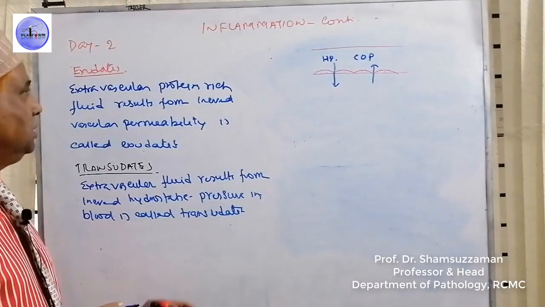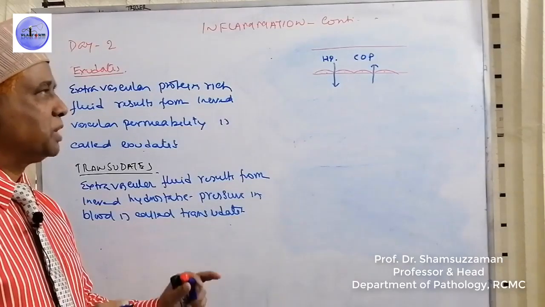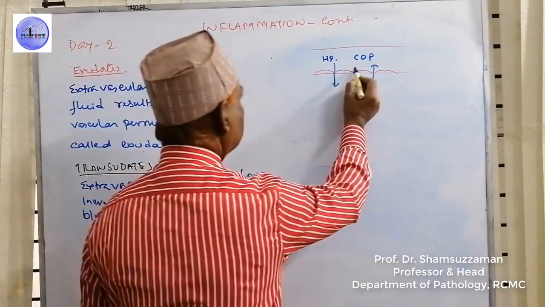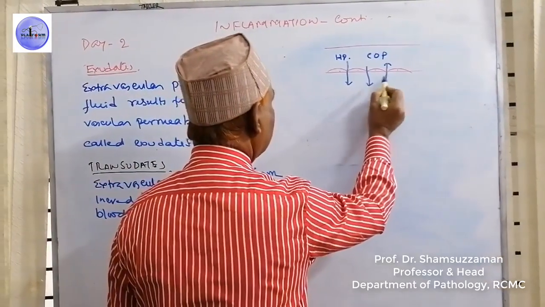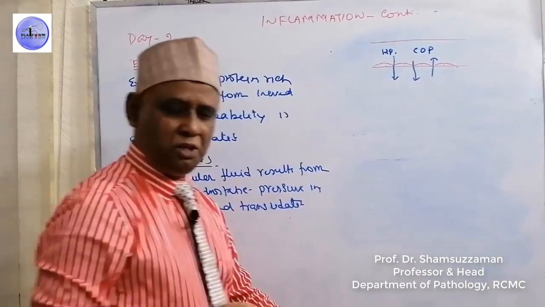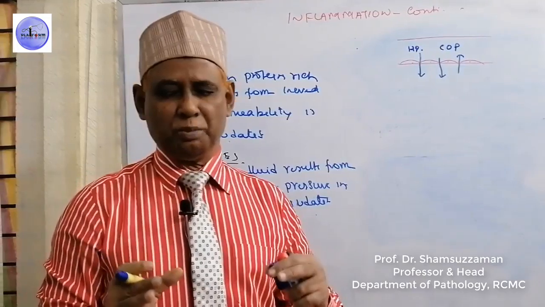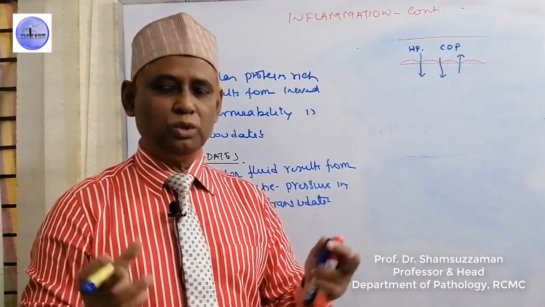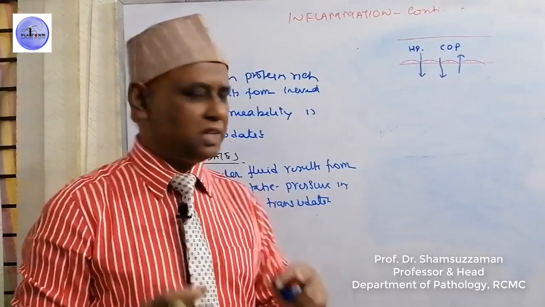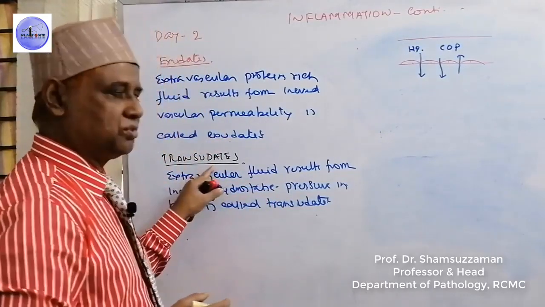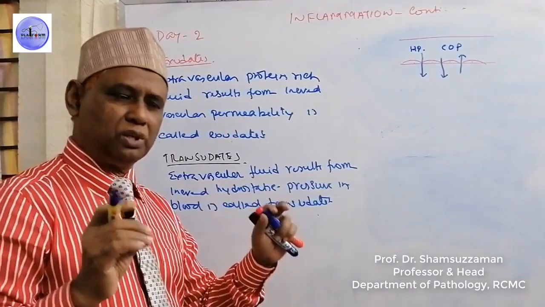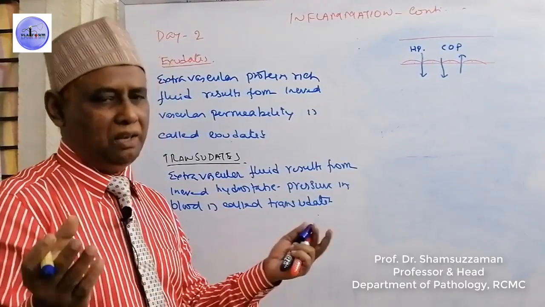If hydrostatic pressure within the blood is increased, what will happen? More and more fluid comes out of the blood vessel through the normal interendothelial junction, and this is called transudate. So its protein content is almost nil.